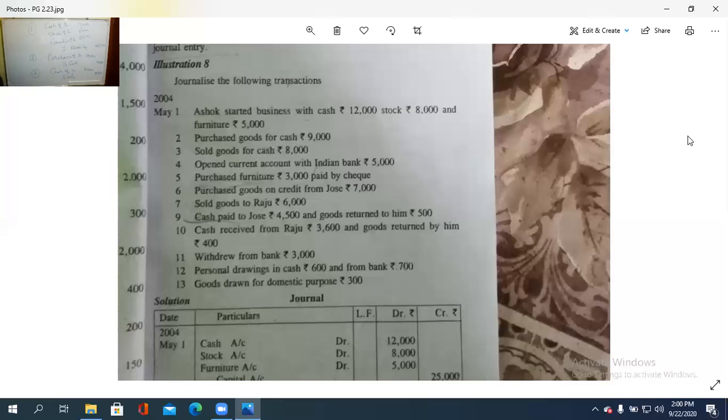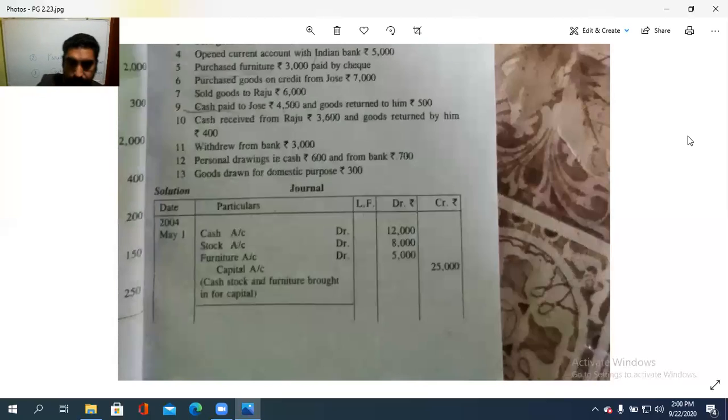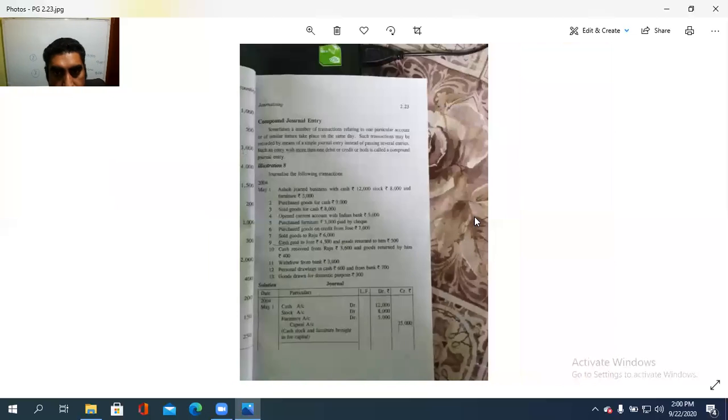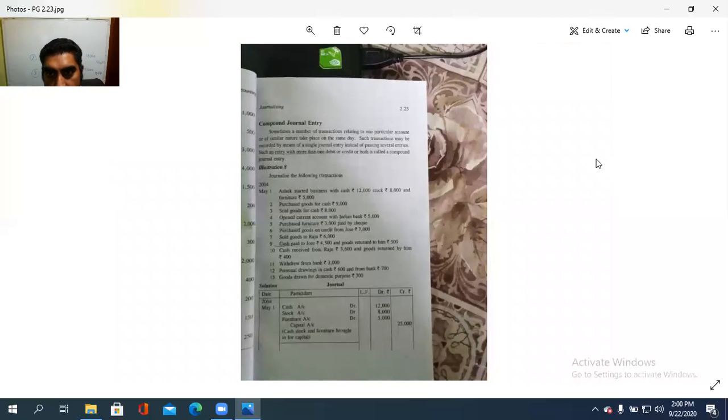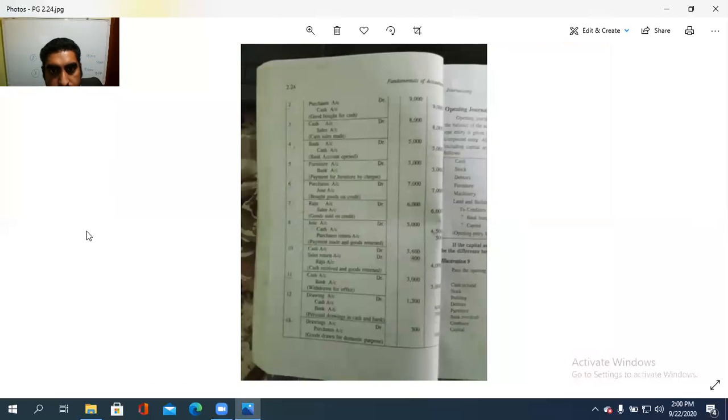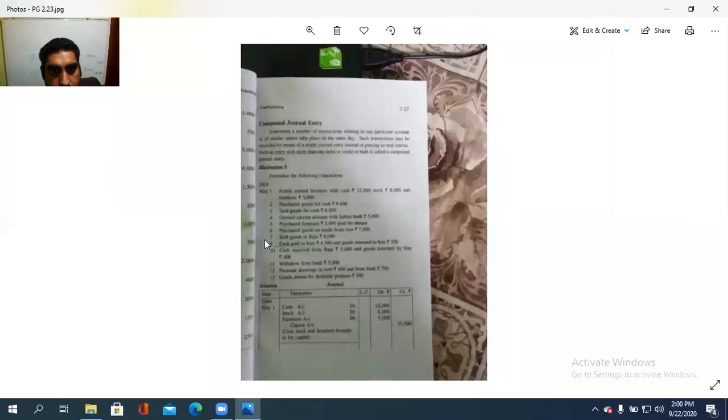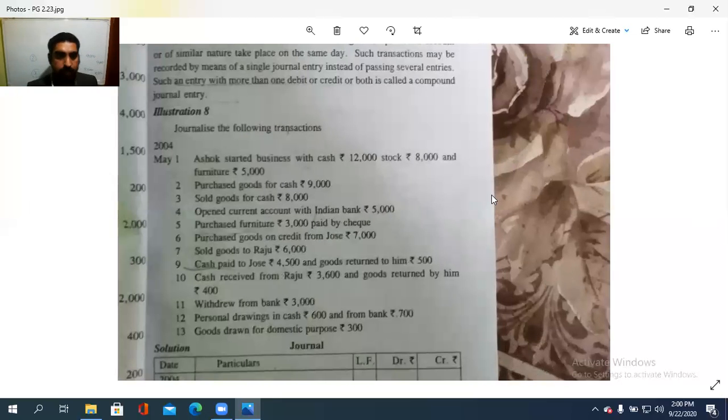Then opened a current account with the Indian Bank. Opened a current account with the Indian Bank.